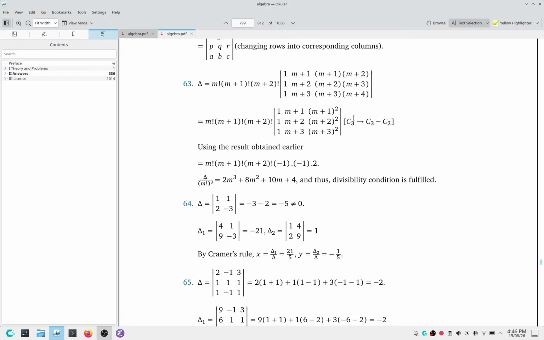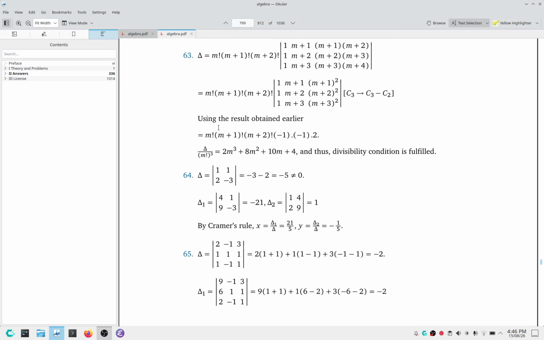Now what we do is we do column 3 minus column 2. Okay, from this we have subtracted column 2. So we get third column as m plus 1 whole square, m plus 2 whole square, m plus 3 whole square. And once we have that, the result is from the earlier 1, 1, 1, A, B, C, A square, B square, C square, and so on.